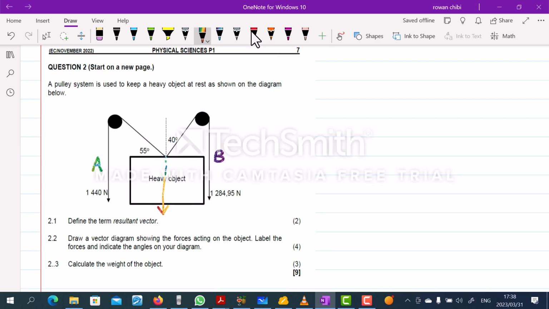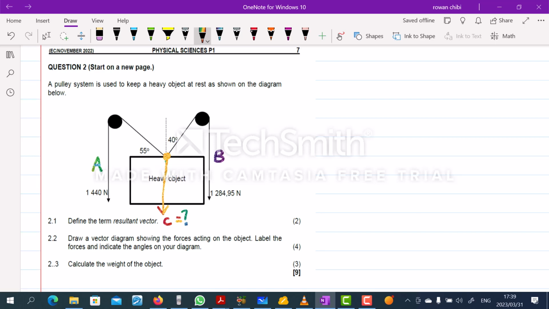I'm going to label that weight as vector C. So we have 3 vectors that are acting at a point, as you can see, but we don't know now the magnitude of the vector C, which is the vector for the weight. Okay, let's go to question number 1.